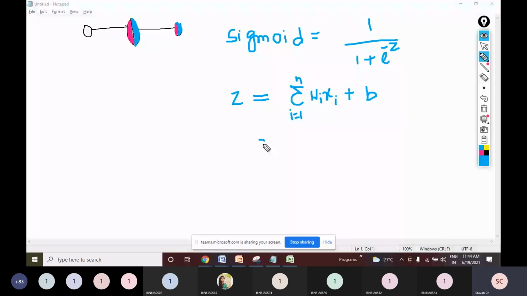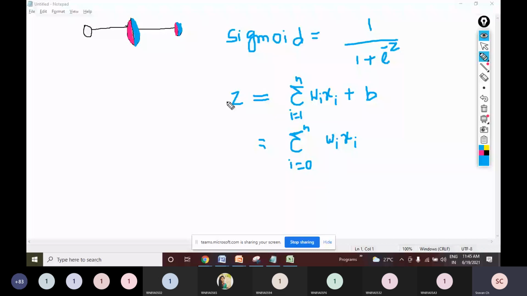So the same equation can also be written as sigma of i equal to 0 to n. Now the bias part is included here, so I write w_i into x_i. Both are the same. So the summation of these products is my z, which is the pink part.